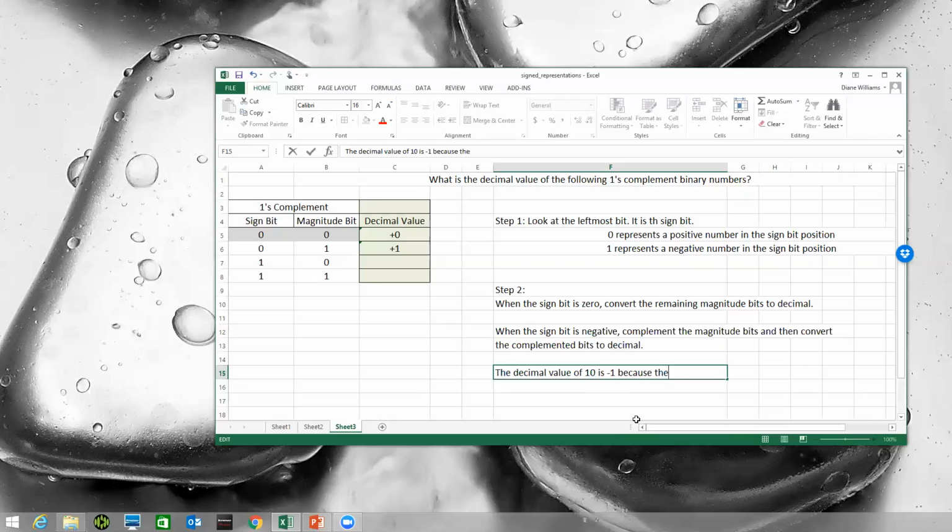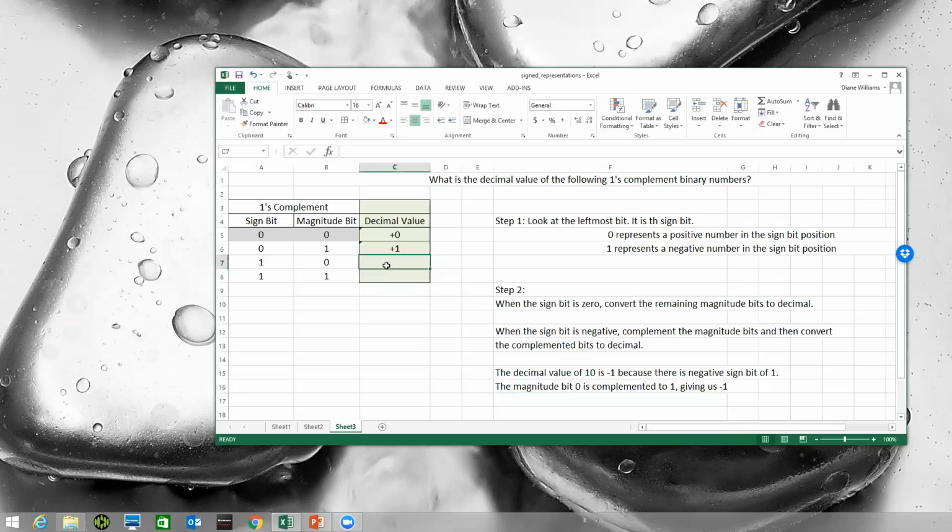Because there is a negative sign bit of 1, the magnitude bit, 0, is complemented to 1, giving us negative 1. So this is minus 1.